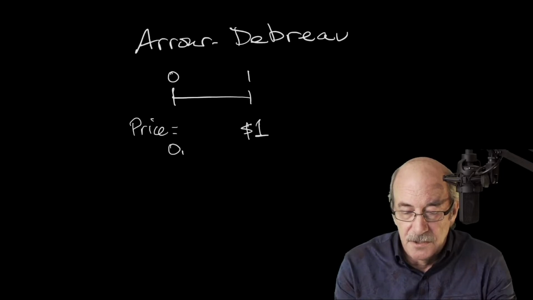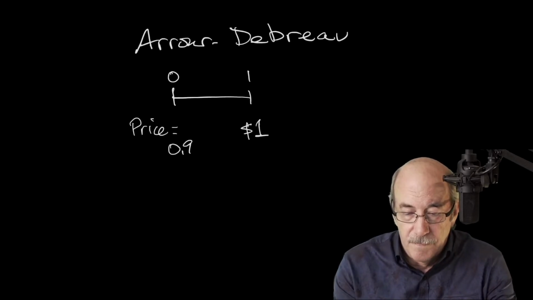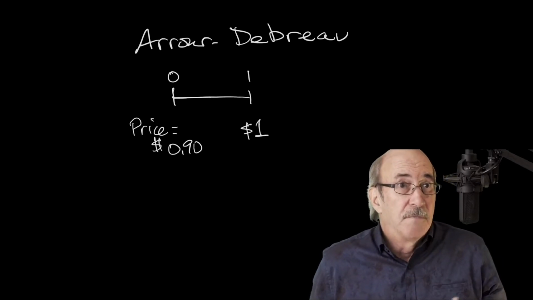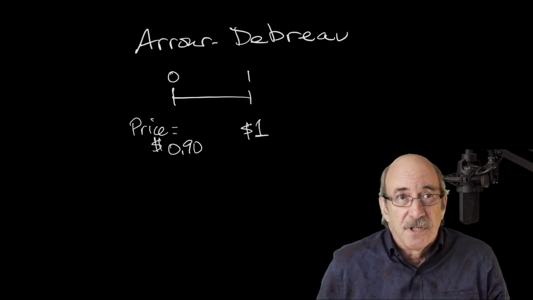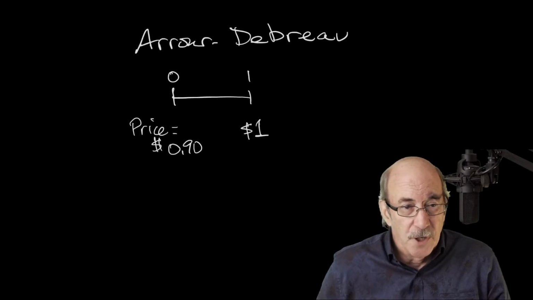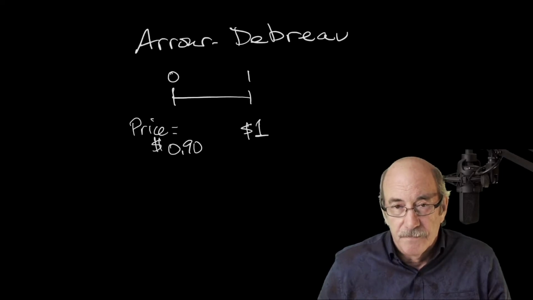And let's say that it's 90 cents. Okay. So the 10 cents is our return. And so that's 10 cents on 90 cents, a little more than a 10% return. Whatever that turns out, 0.1 over 0.9. That's our return on that security.